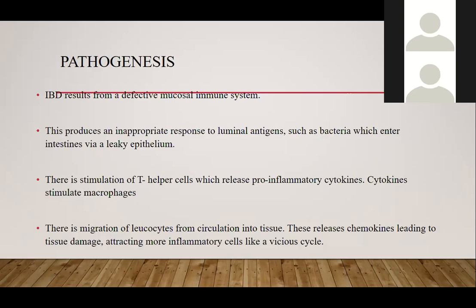So the symptoms that you see in inflammatory bowel disease are basically secondary to an inappropriate or dysregulated inflammatory response. And of course, once the gastrointestinal tract becomes inflamed, you are going to have gastrointestinal manifestations of inflammation. So there will be pain and whatnot. Okay, so we'll see some of the features shortly.